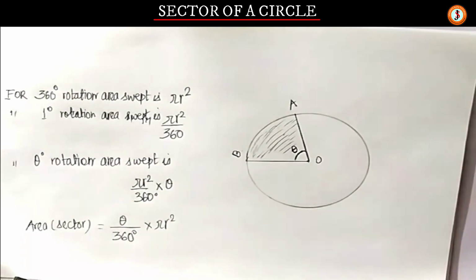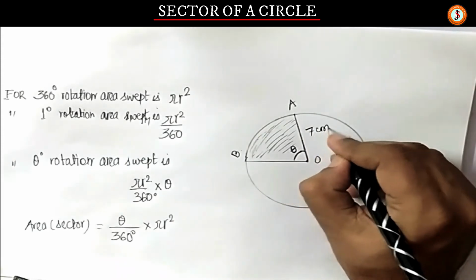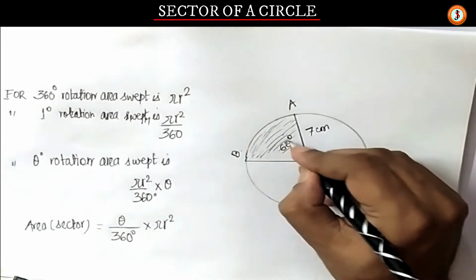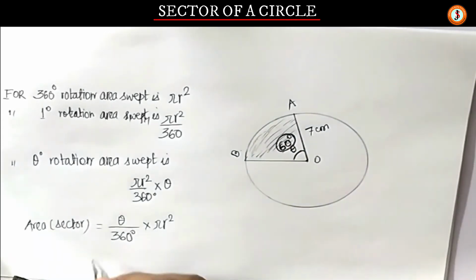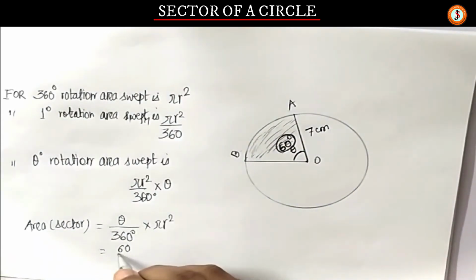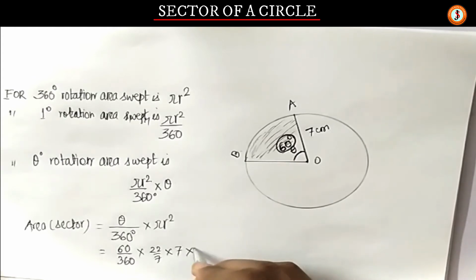So now suppose I give you one question. Suppose the radius is 7 centimeter and this angle theta is 60 degree. So can you find the area? Then straight away it becomes very simple. 60 by 360 into pi is 22 by 7 into 7 into 7.